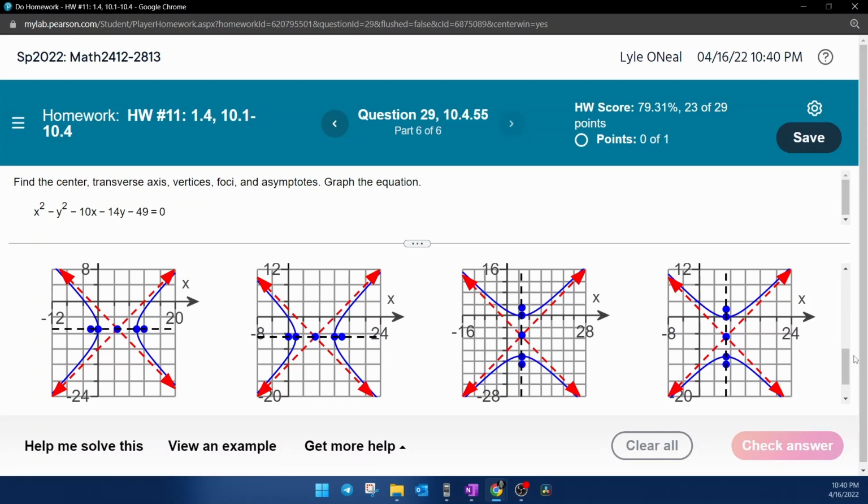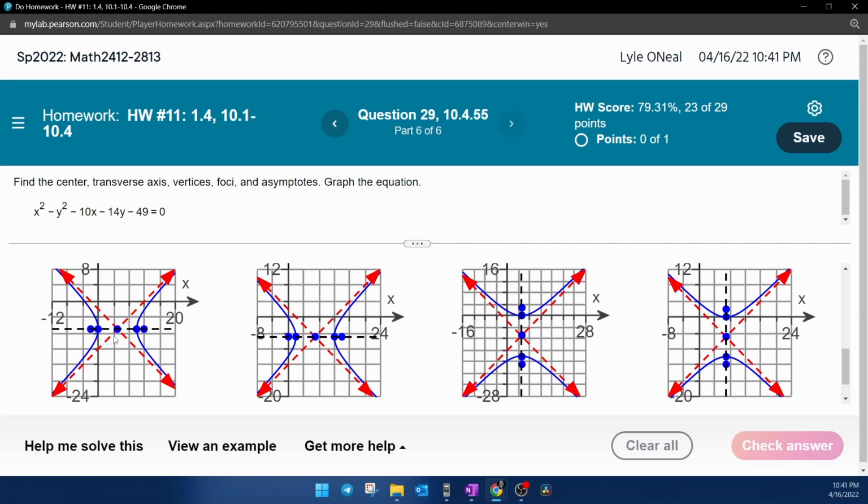And finally, to determine the graph of the hyperbola, two of these answer choices have a horizontal transverse axis. That would be A and B. C and D have a vertical transverse axis, and so they're immediately rejected.